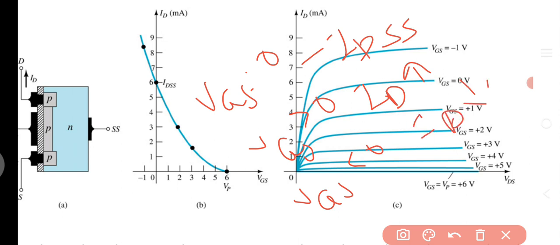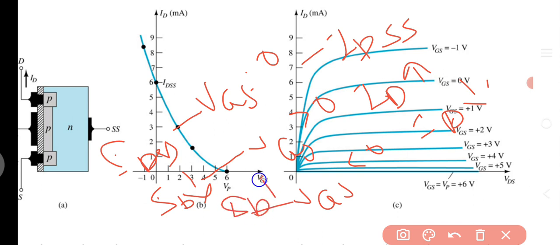That is the NMOS. In case of PMOS, when VGS equals 0, ID equals IDSS only. When VGS is greater than 0, positive values, then ID will decrease. When VGS is less than 0, ID will increase. These are the transfer characteristics of the PMOS transistor.